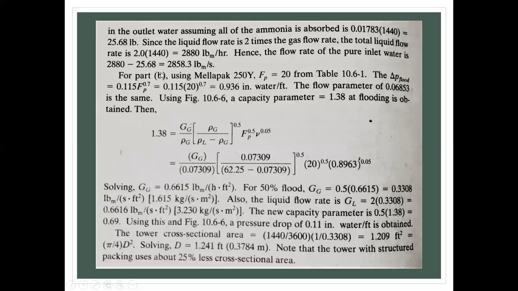The liquid that entered the column should be 25.68 less than twice of this, because it carried already the ammonia. So we took it from there, and this is now the flow rate of the pure inlet water that went into your column. Now, as to the rest of letter B, it's the same as that of letter A.